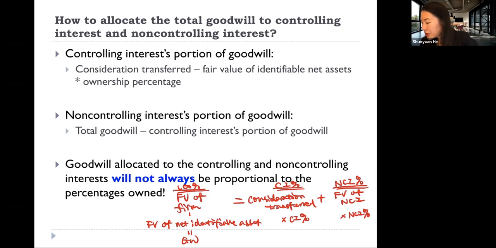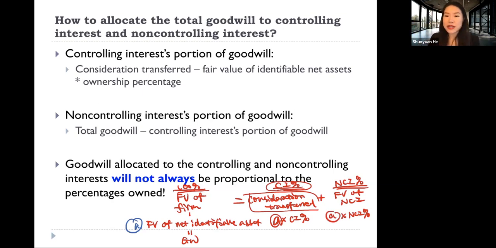And then the controlling interest portion of the goodwill is equal to consideration transferred minus, if we label this as A, this is A multiplied by controlling interest percentage, and also A multiplied by non-controlling interest percentage.